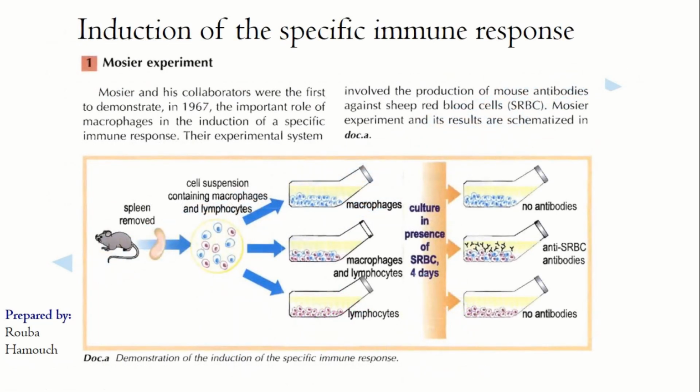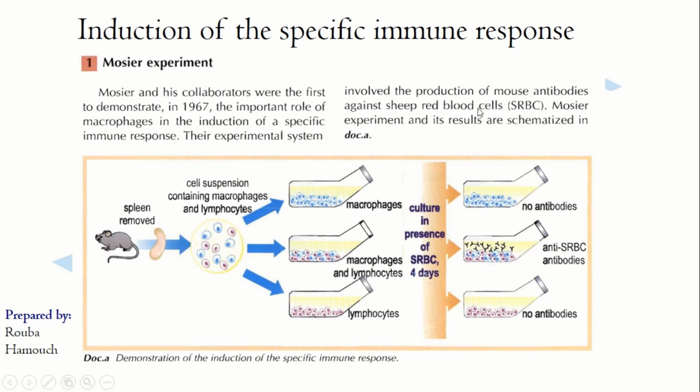Mosier's experiment. Mosier demonstrated in 1967 the induction of the specific immune response and the important role of macrophages in this induction. His experiment involved the immunization of a mouse with sheep red blood cells, a non-self antigen.